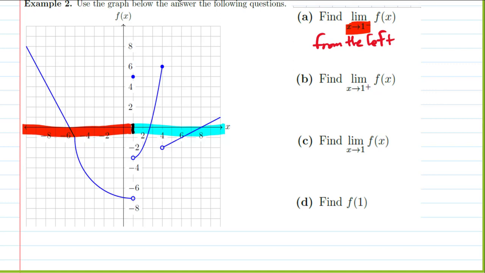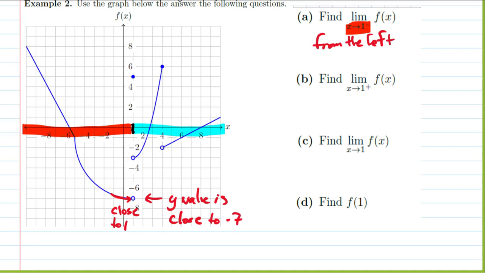A filled in dot. Okay, so as I get close to the value 1 from the left, what is my y value? Well, what's the y value here? It is close to -7, right?